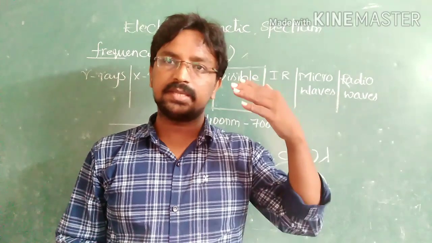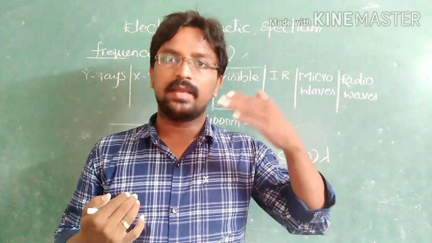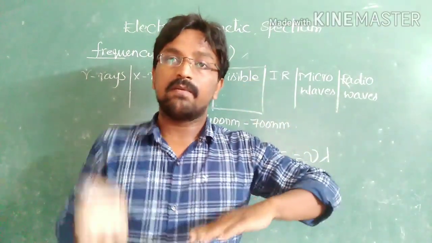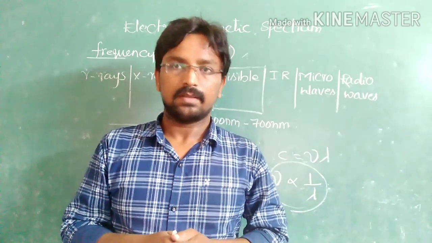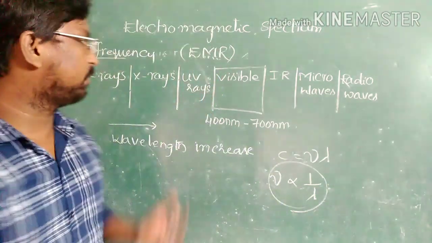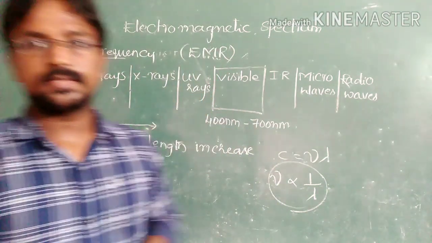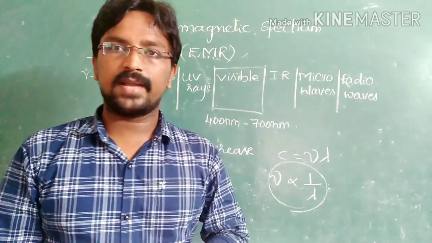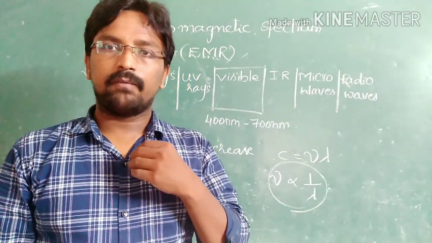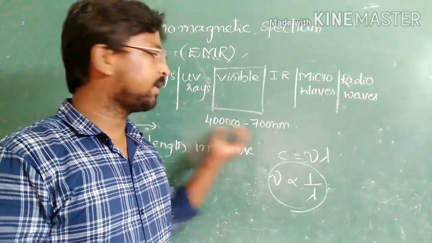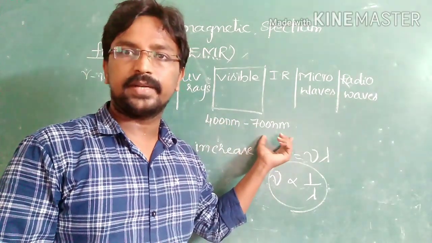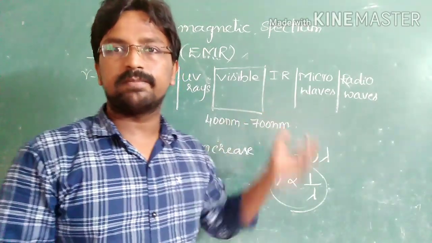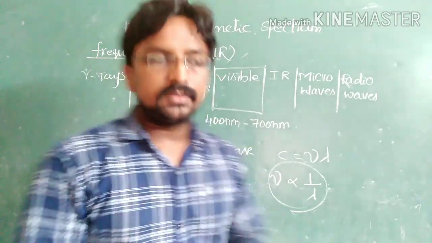If wavelength increases, frequency decreases. If frequency decreases, wavelength increases. Right? So this is about the electromagnetic spectrum. In it, we are sensitive to 400 to 700 nanometers, which is the visible spectrum. Right? So let us see.